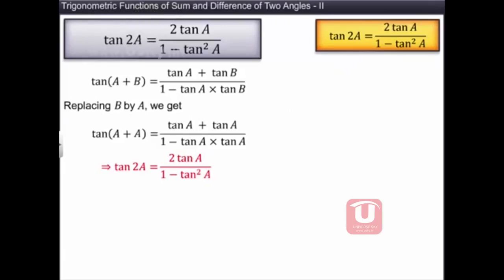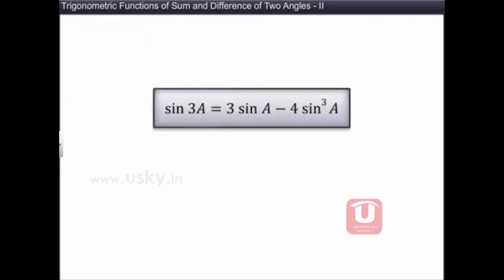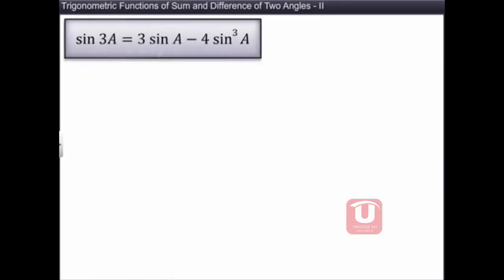Now, let us learn some formulae that involve an angle 3A. The first is sin 3A is equal to 3 sin A minus 4 sin cube A. Consider the left-hand side.